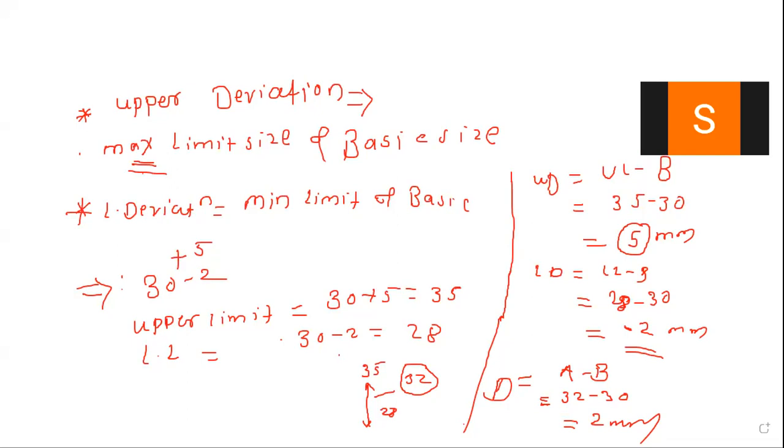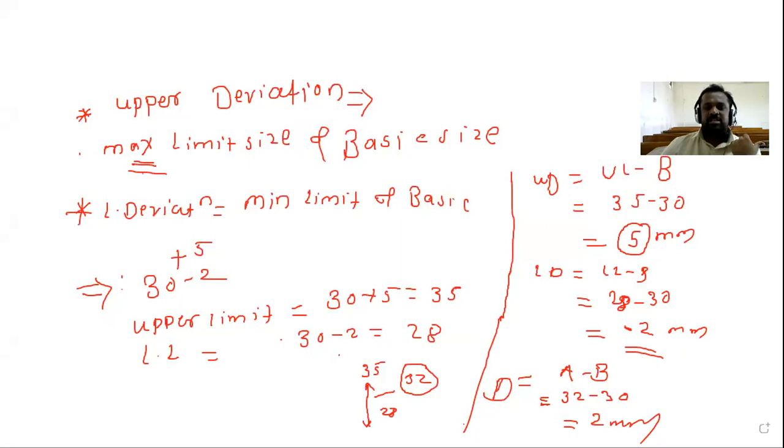Size of the part in the drawing itself only. What is meant by the basic size? Size of the part after giving tolerance. After giving the tolerance, it is called the basic size.